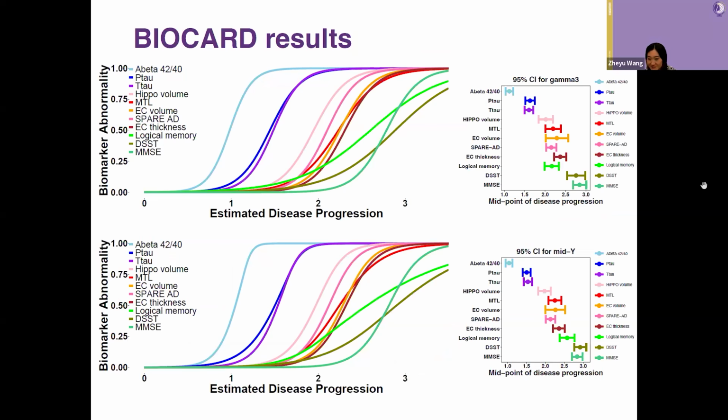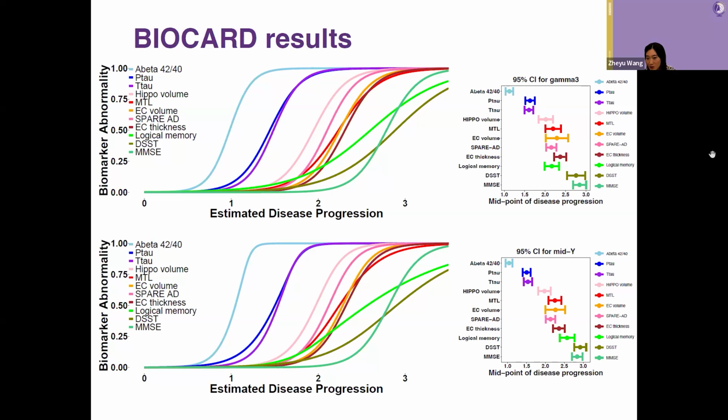Next slide, please. So here are the results we get with this model in the biomarker study, which is a study following 300 cognitively normal participants, now for almost 3 decades, to see different trajectory progressions.